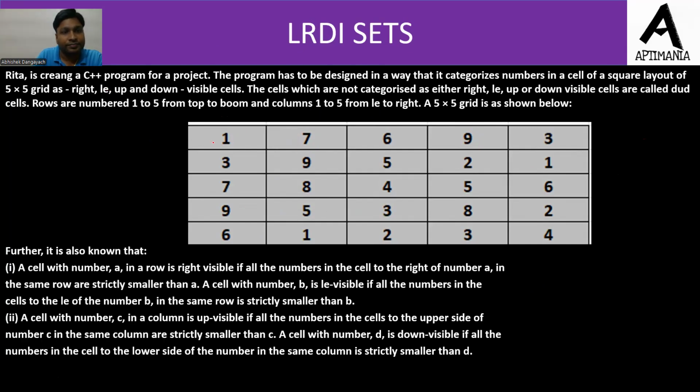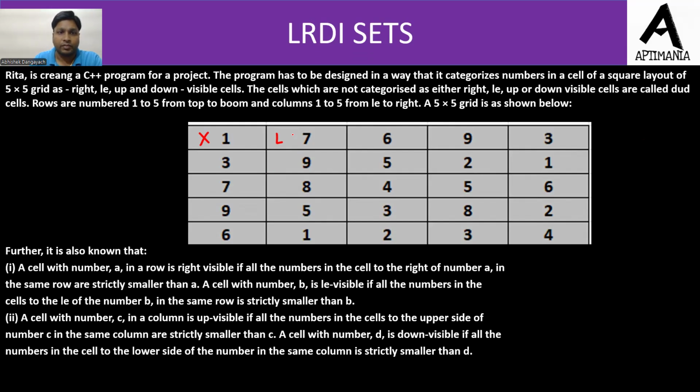So this one, see this is the smallest number that we have, it does not have any visibility, right? Now this 7 is visible from the left hand side, so this is left visible. It is not visible from the right hand side. Up visible we cannot say, we don't have any number above 7, and down visible is not there because we have a 9 over here. So this is only left visible.